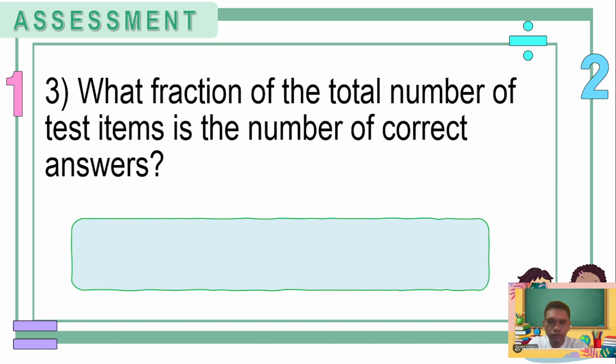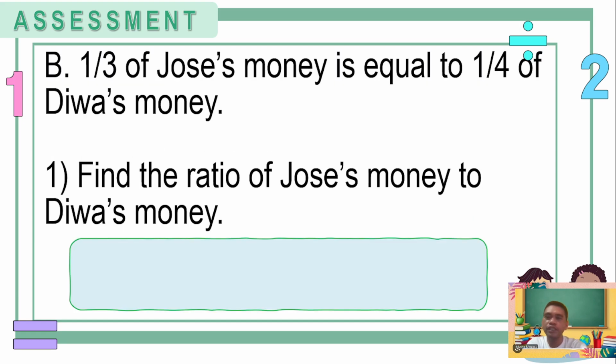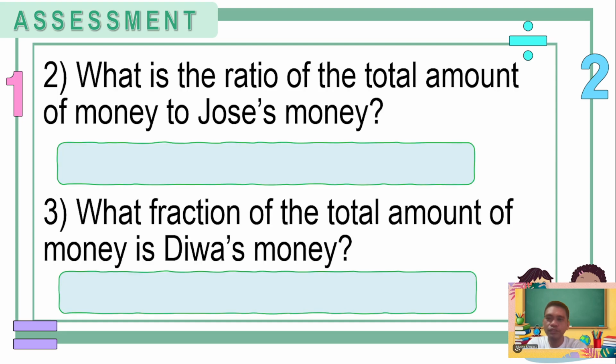What fraction of the total number of test items is the number of correct answers? So, to understand the question, pwede rin na i-post sa teacher. Okay, we have here letter B. 1/3 of Jose's money is equal to 1/4 of Diwa's money. Find the ratio of Jose's money to Diwa's money. Okay, pwede rin na i-post. Okay, number 2 and number 3.